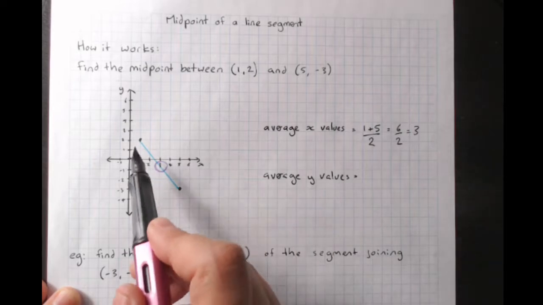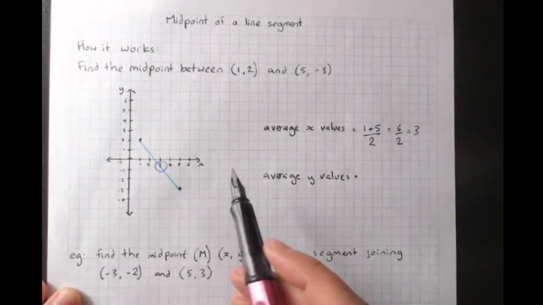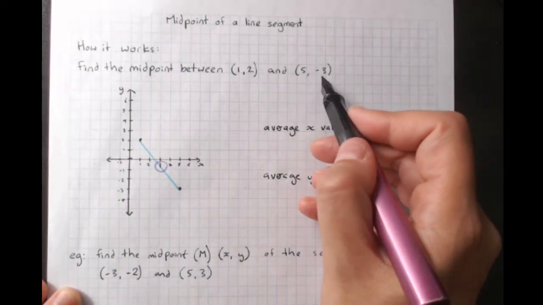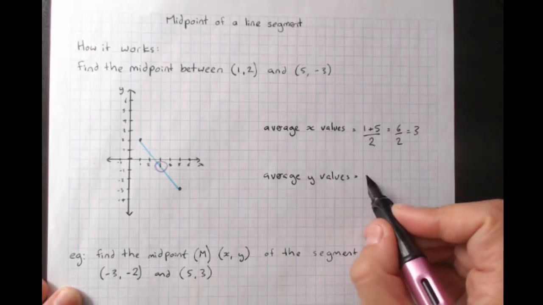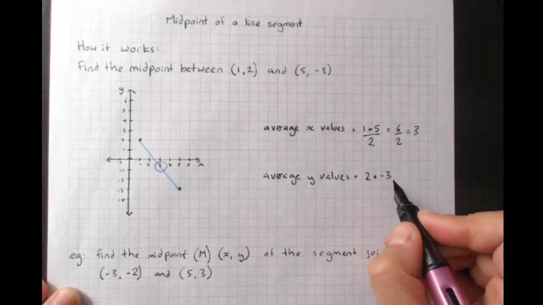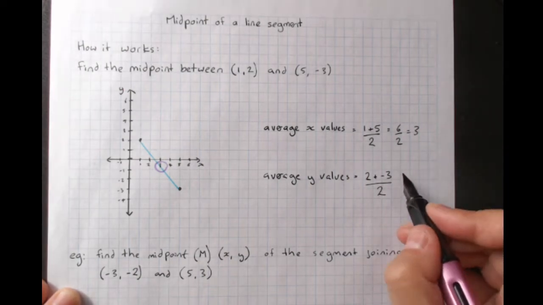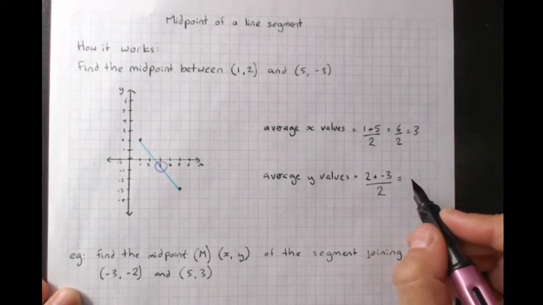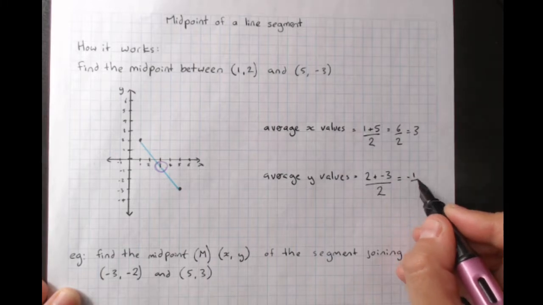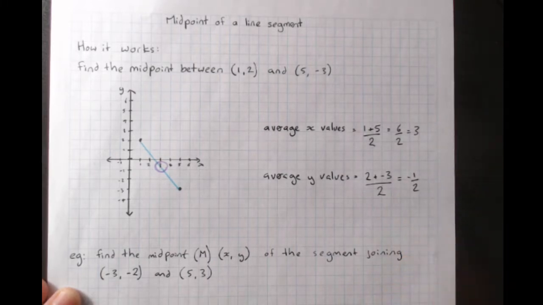So the y values are 2 and -3, and we can read them from the point. And to average them, we add them together and divide by 2. 2 plus -3 is -1. So -1 divided by 2, we've got -1/2.